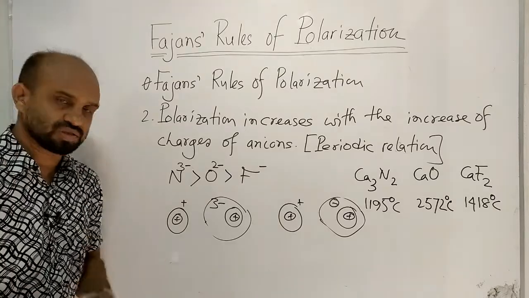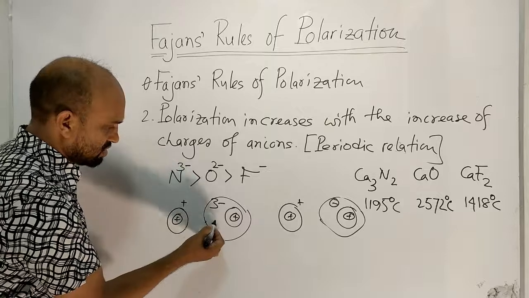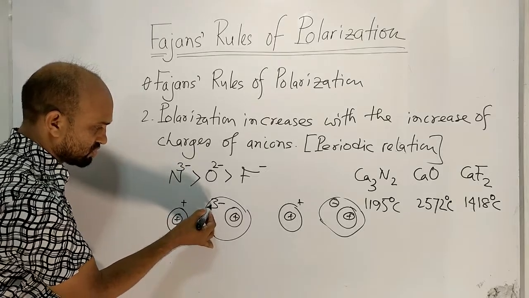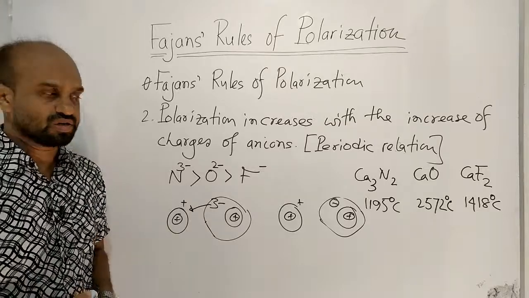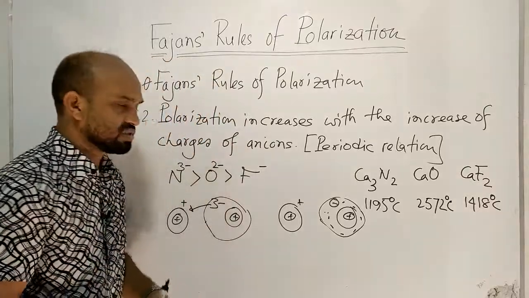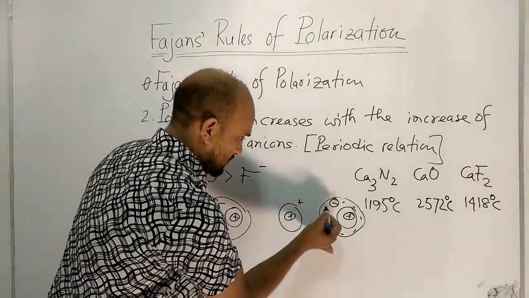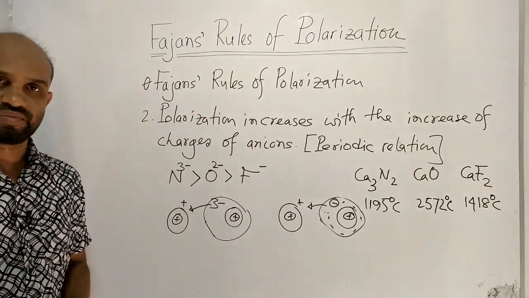For this reason, to reduce the electron repulsion, electrons move towards the cation excessively here. But in this case, with less electron concentration, it moves towards the cation only slightly.